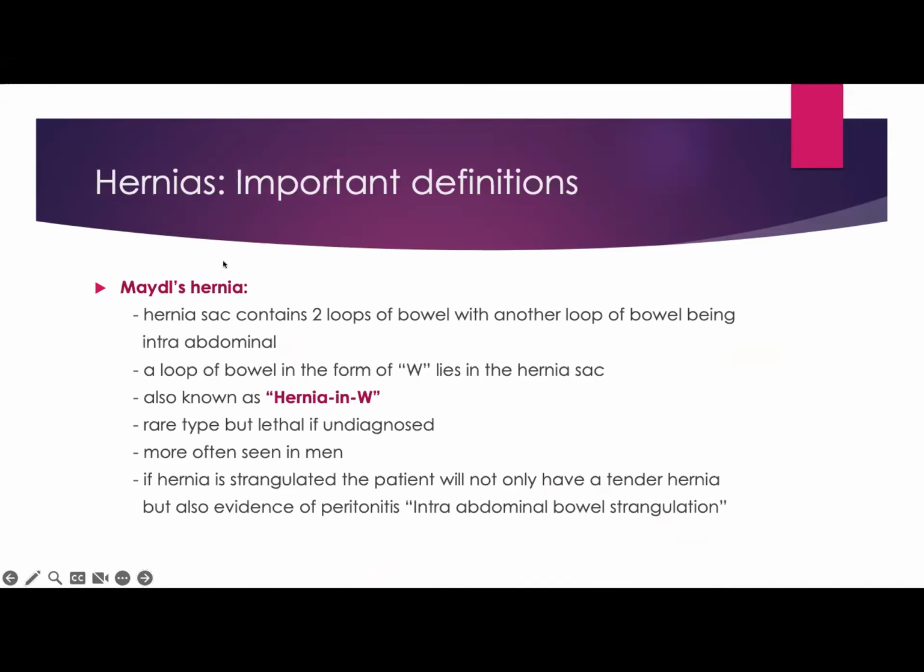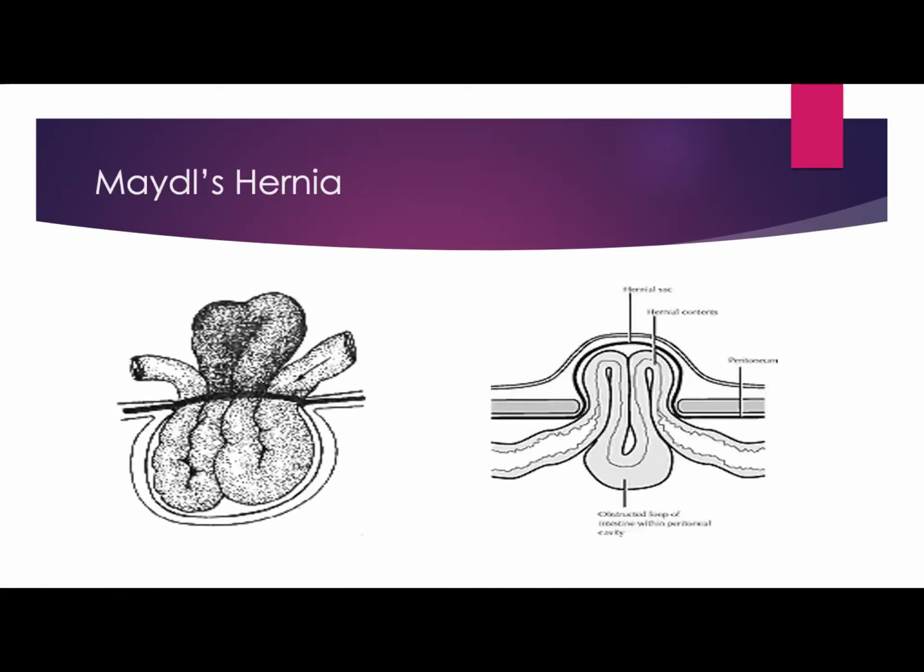Another concept of the hernias is the Maydl hernia. Always remember it's a W-shaped hernia. It has two loops in the hernial sac, and the middle loop is inside the abdominal cavity. As you can see here, it's W-shaped.